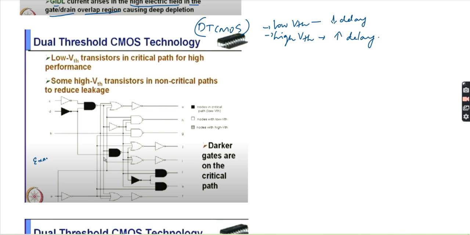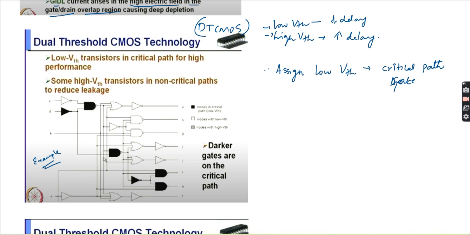So what you have to do is, see, you have one circuit, for example. This is some example circuit actually. Some set of circuits we are having here. Now we need to assign low VTH to the critical path. You may ask, what is the critical path?